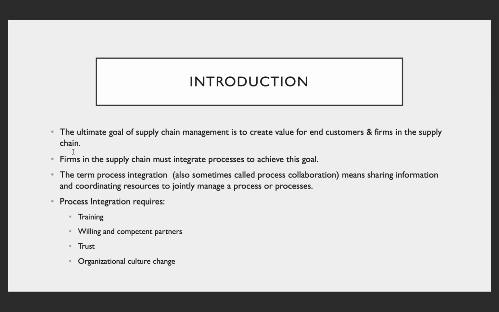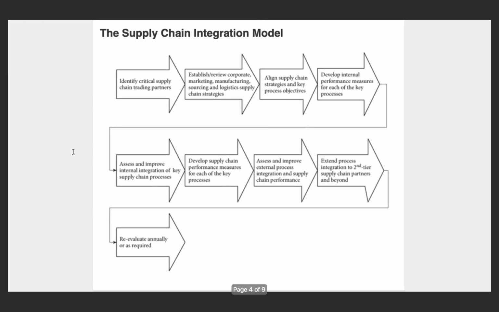Each role is vital to the overall success of the supply chain. So the term process integration, also sometimes called process collaboration, means sharing information and coordinating resources to jointly manage a process or processes. Process integration requires training, willing and competent partners, trust, and organizational culture change.